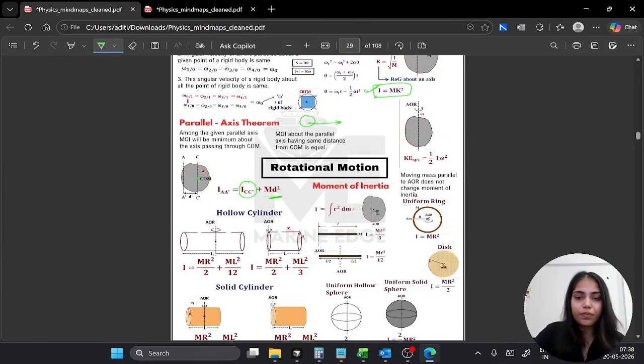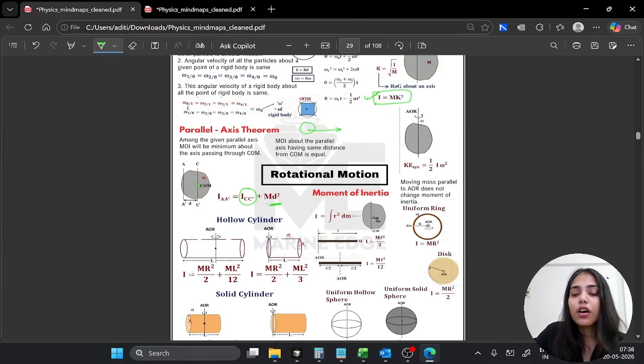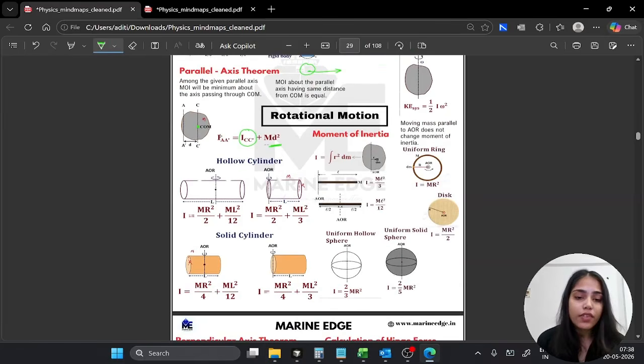Now, let's say we have to calculate the moment of inertia of this solid cylinder from this edge. We know the moment of inertia of a solid cylinder from center of mass is Mr square upon 4. So across this edge, we again add mass multiplied by the distance between these two lines, squared, and that will give you your final answer.